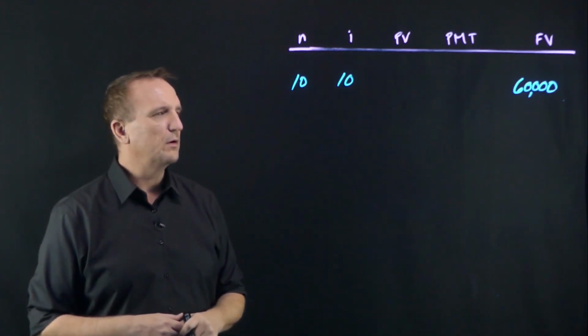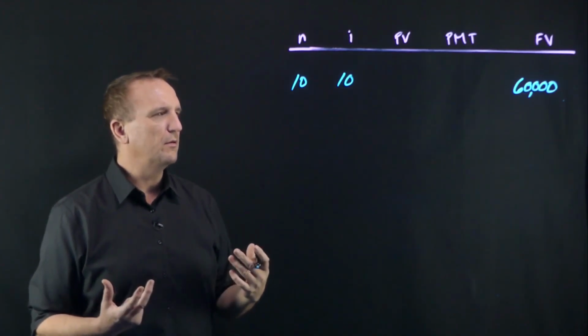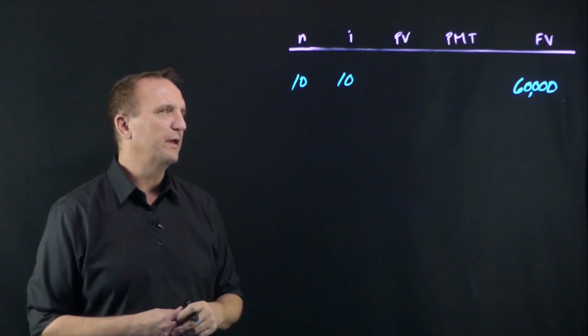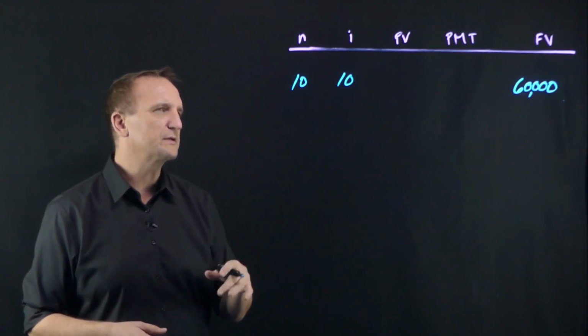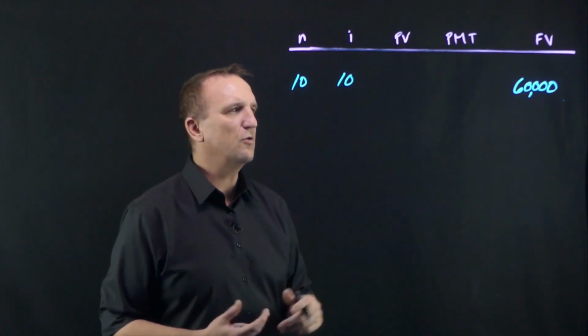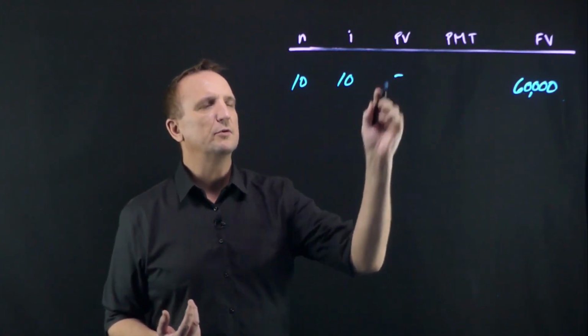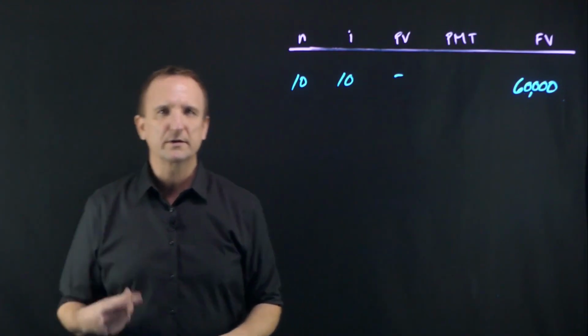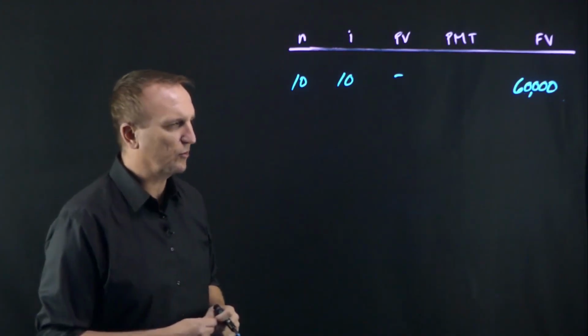So if we're making annual payments, then we have to make 10 payments over the 10 years, and there's no mention of any starting point. So we don't have any money in the account already.